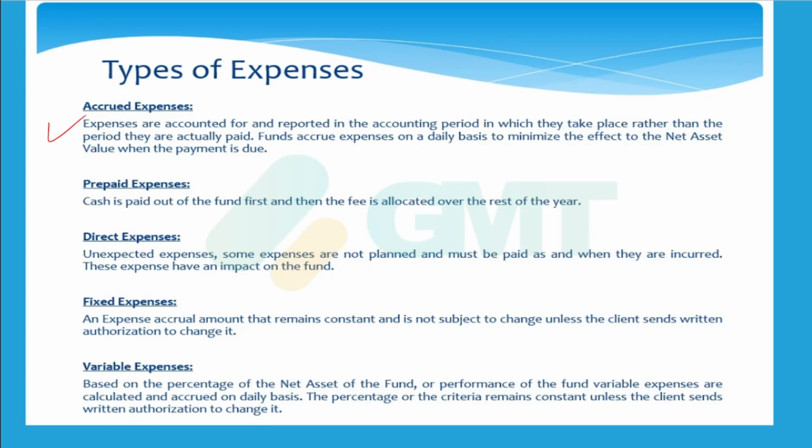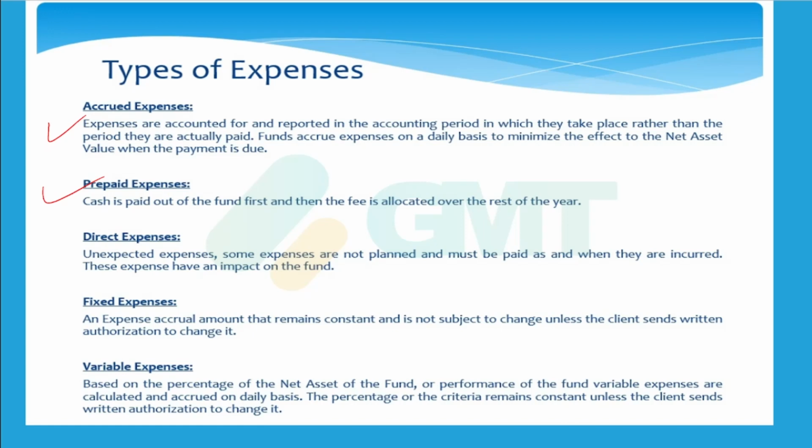Okay. Prepaid expenses: cash is paid out of the fund first and then the fees are allocated over the rest of the year. In short, these are expenses which have been paid in advance for the next accounting period.